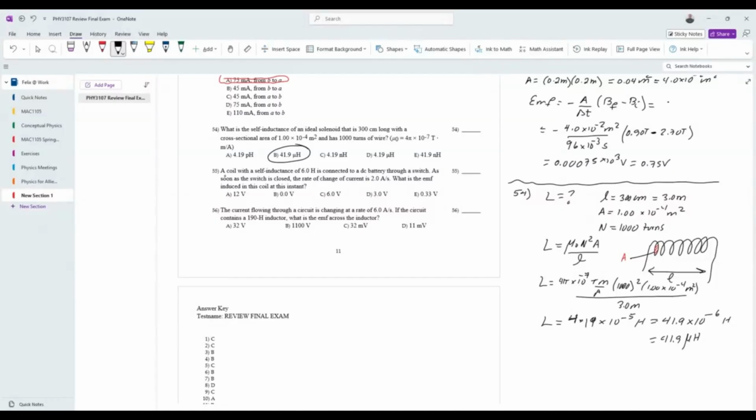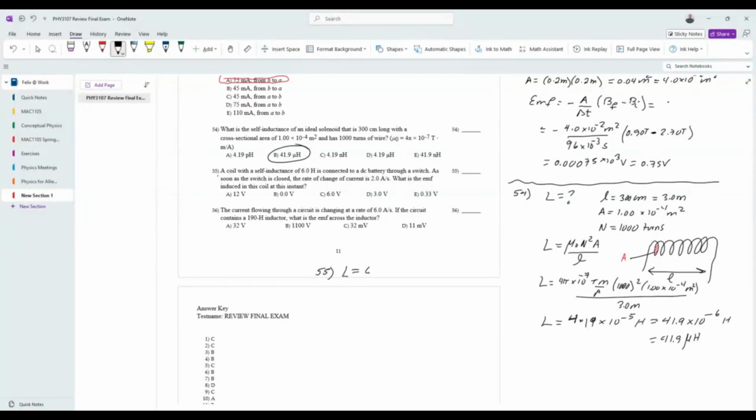Exercises 55 and 56 are very similar. They both use the same equation, the equation that lets us calculate the electromotive force in a circuit that contains an inductor, if there is a change in the current that flows in the circuit as a function of time. In exercise 55, they say that we have a coil with a self-inductance of 6 henrys.